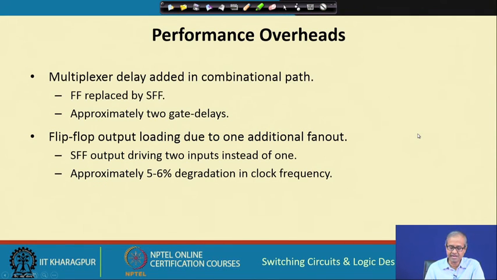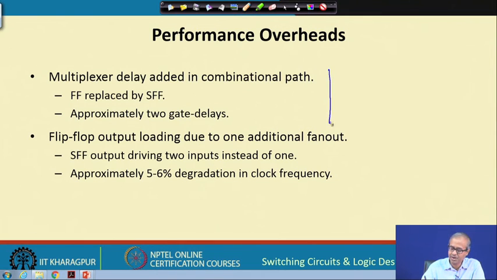And the other thing is that there are some additional delays included in the path, which you should also consider, because you have an additional multiplexer delay from the output of the combinational circuit, since the flip flops have been replaced by scan flip flops.